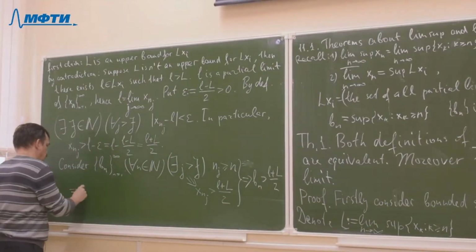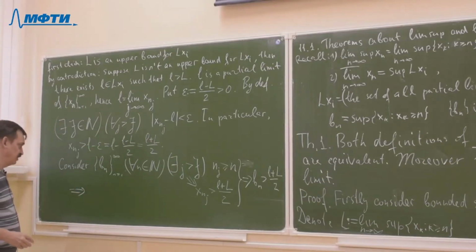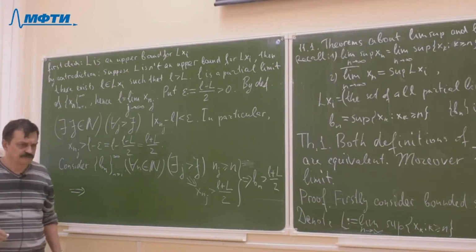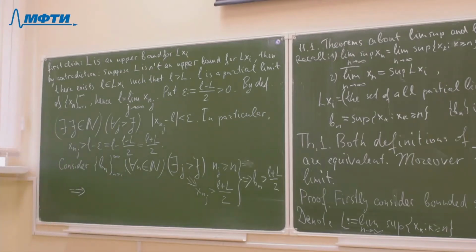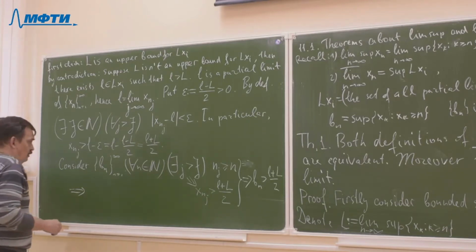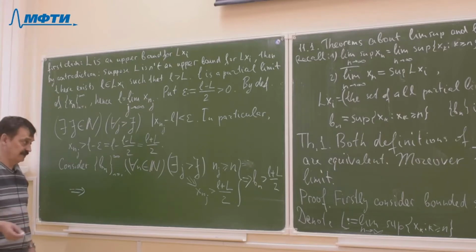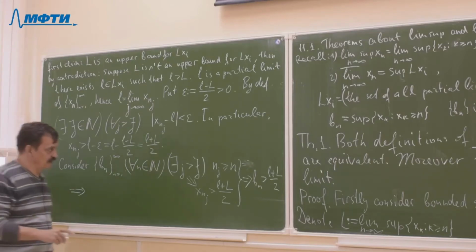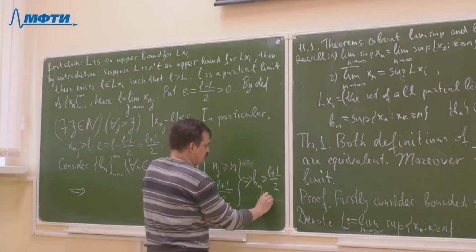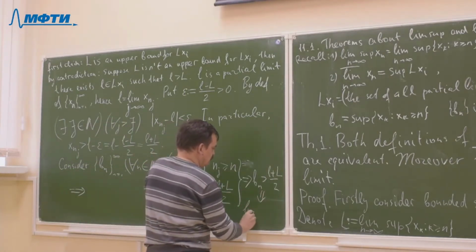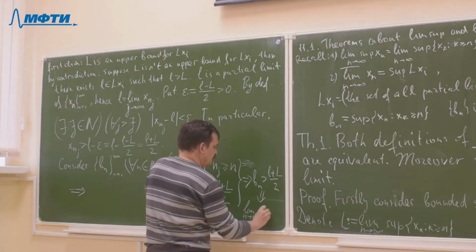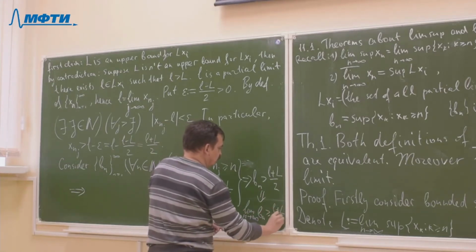Then by properties of the limit, that was the theorem about limits and inequalities, if we have this inequality, then the limit of Bn is greater or equal than (l plus L) over 2.